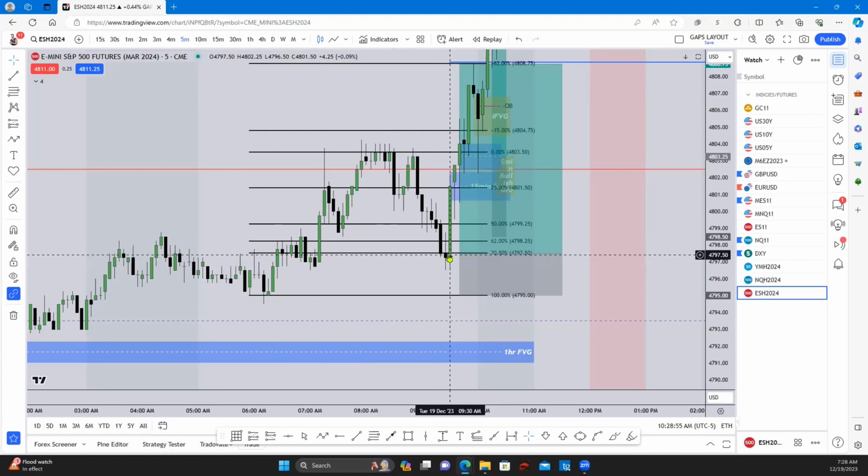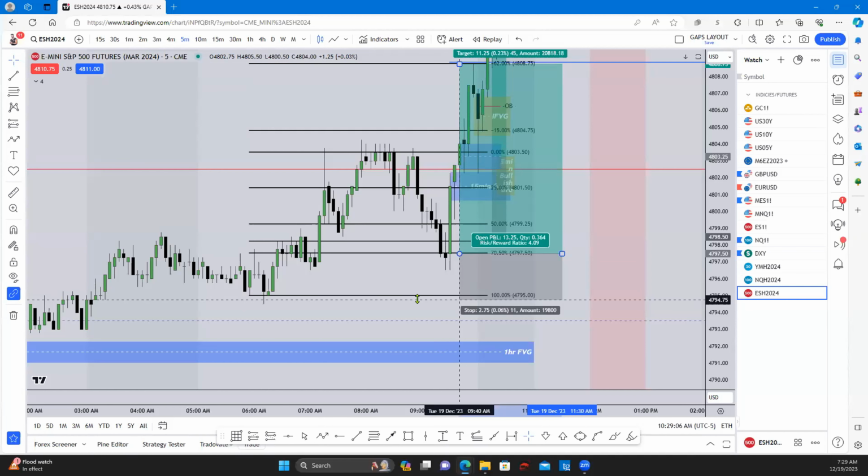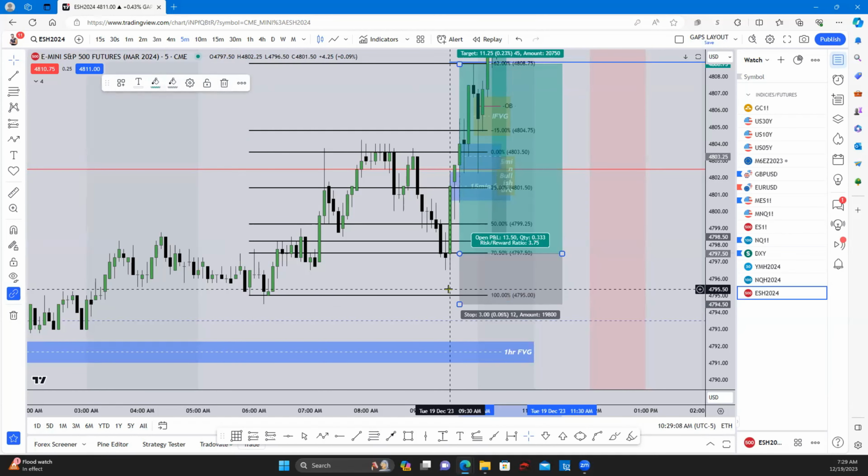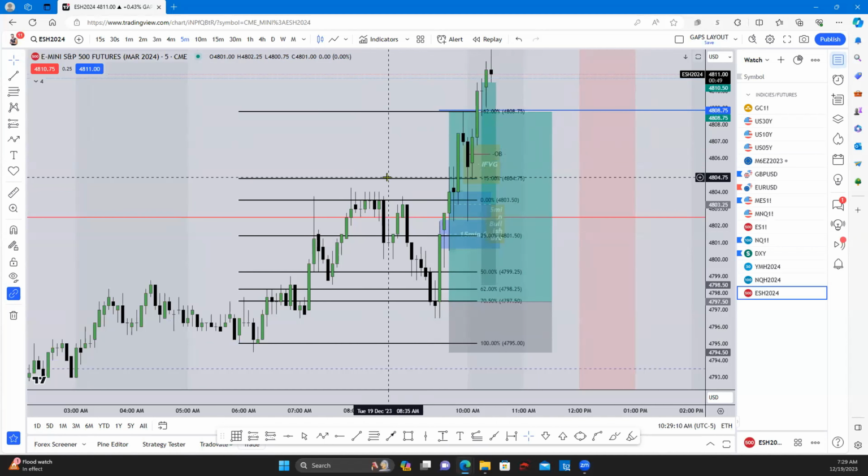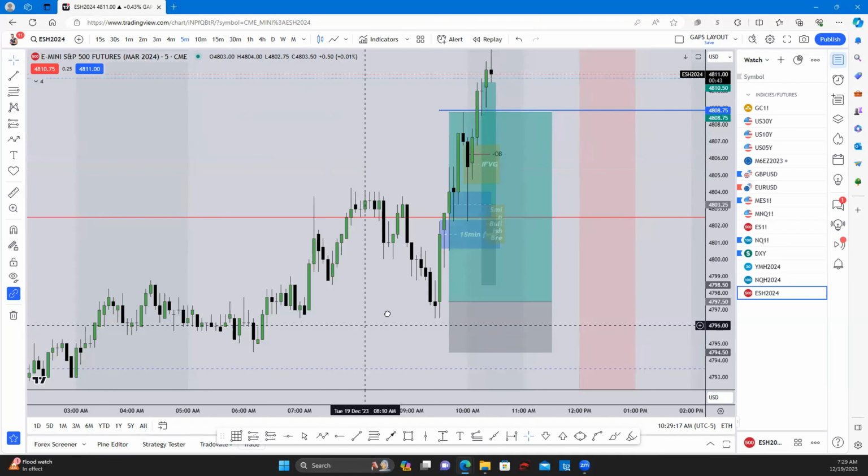So from 7 to about 9:30, on the 5-minute chart, look for this pullback to the 70 level, and then put your stops below this low. And then try to catch the 0, 15, or 62 level. It's pretty money.